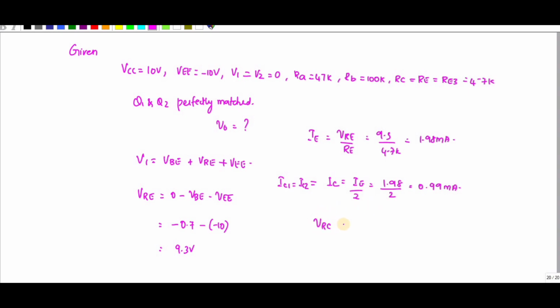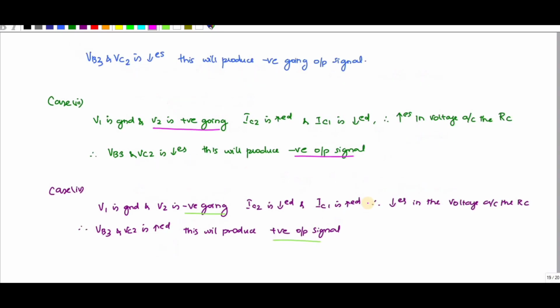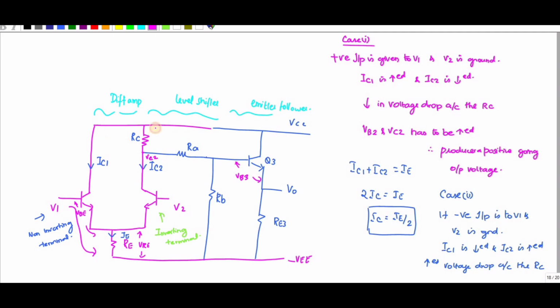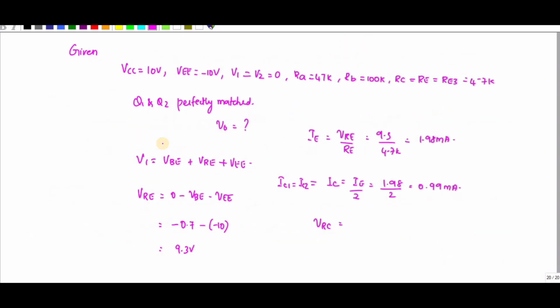So what is the VRC value? This is your VRC value. So this is nothing but IC2 into RC. It is nothing but 4.65 volt.